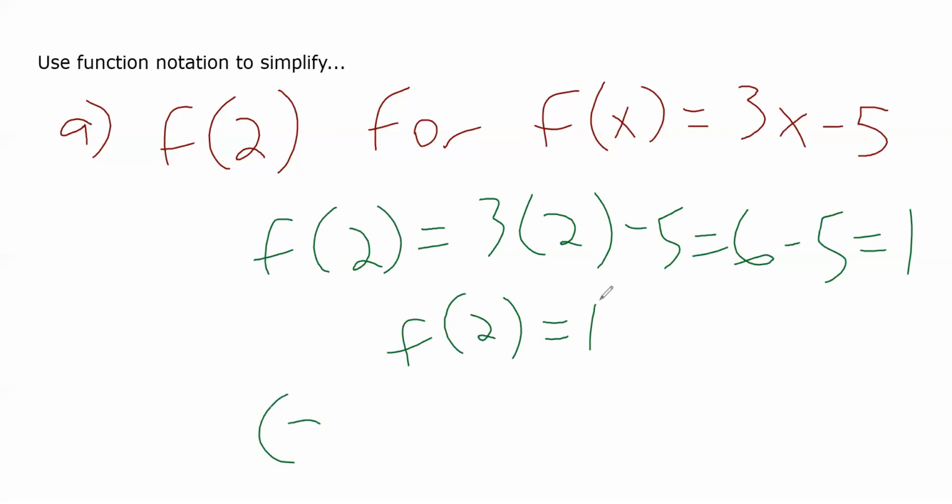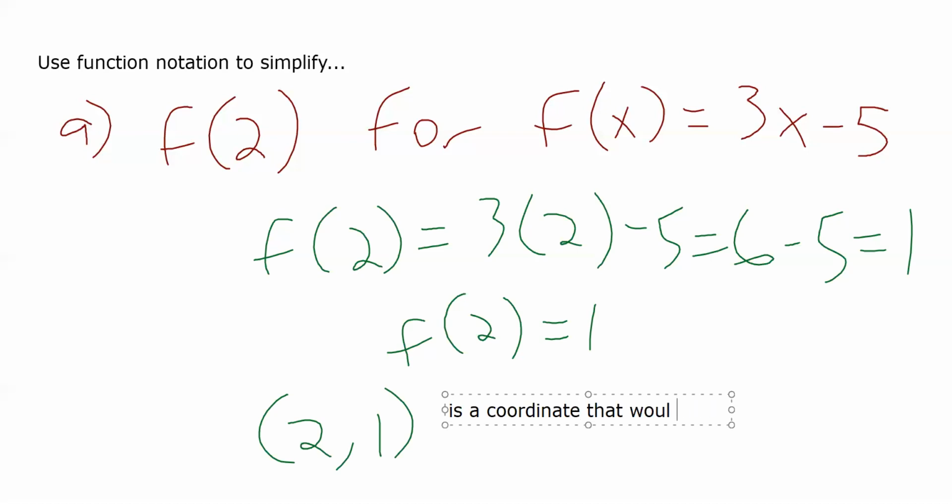In other words, that means the ordered pair 2 comma 1 is a coordinate that would be found on the graph of f of x equals 3x minus 5. If I were to go graph that, the point 2 comma 1 would be on the picture of the graph, the line.